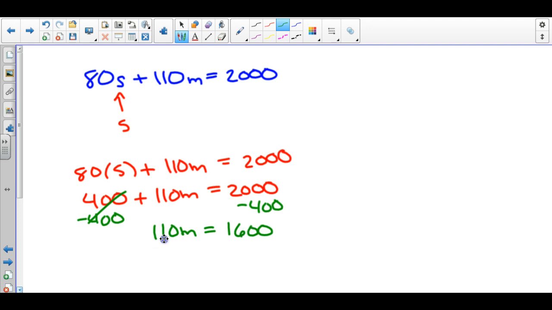So if I take $1,600 and divide it by the $110 cost per mudder tire, I end up with 14.55 tires, which again, you can't buy the 0.55 of a tire. I can't round up because that would cost way too much. That would be over $2,000 then, which is out of my budget. So we have to round down. So your answer is 14 mudder tires. That's how much the family can afford.